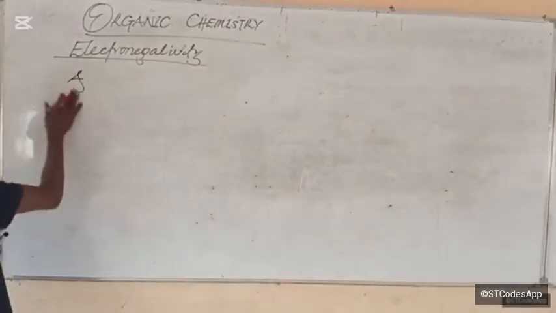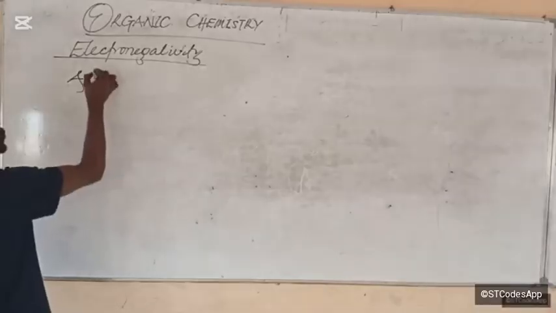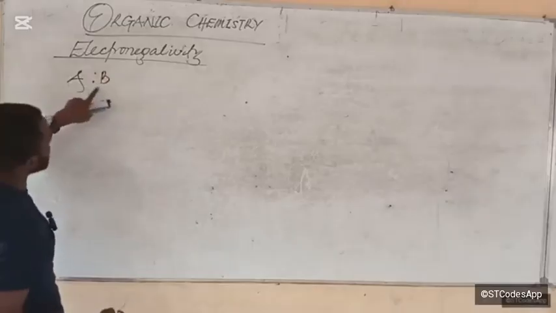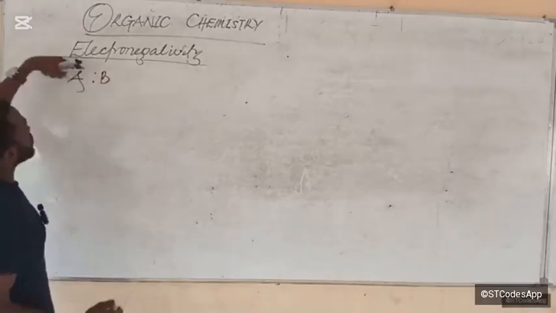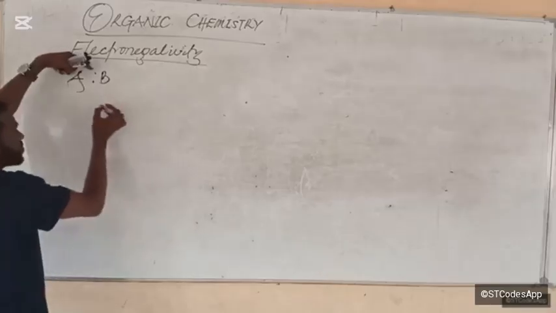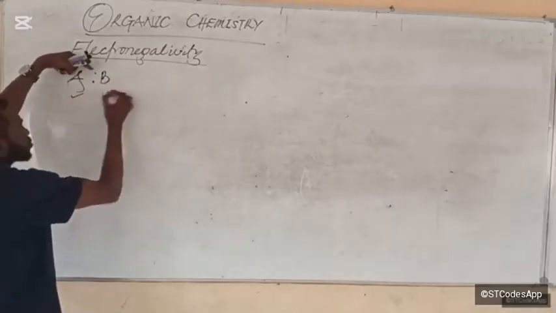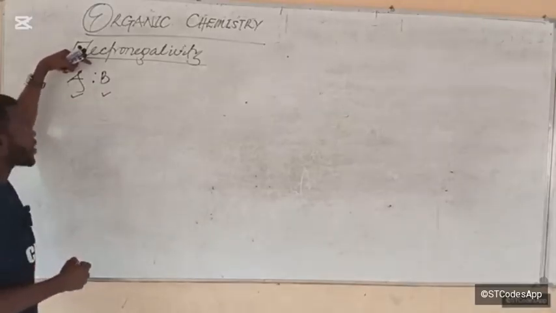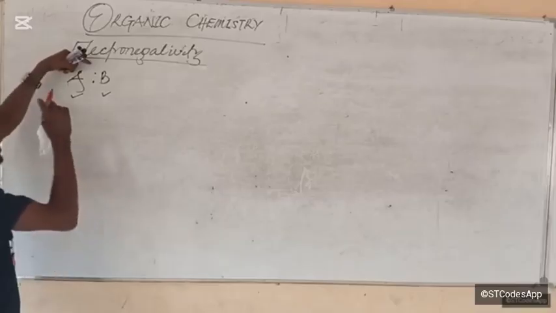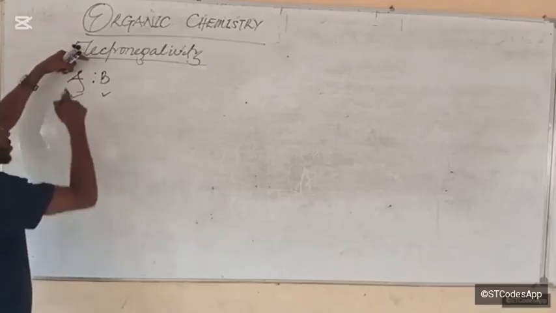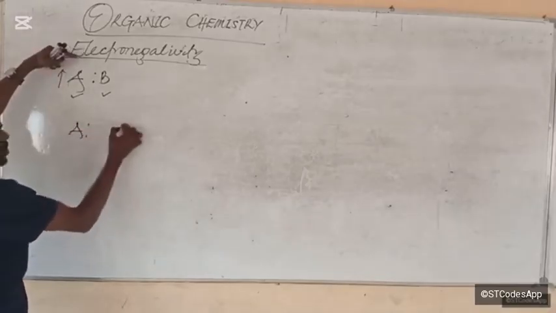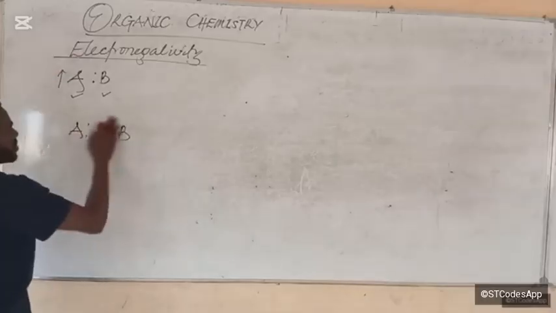If I have a particular atom A bonding with atom B, the electrons are shared evenly only if the electronegativity value of A is exactly equal or very close to the electronegativity value of B. But if their electronegativity values were different, such that A was higher, then you are going to see what looks like this, and then B, even though this is still a compound.